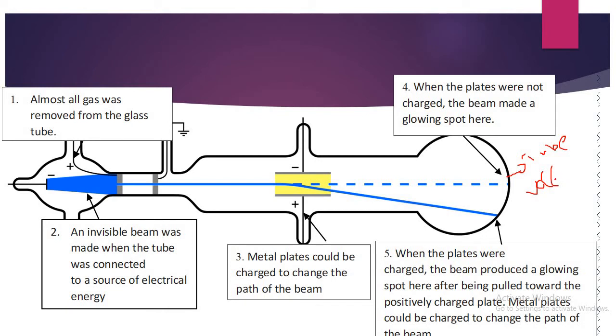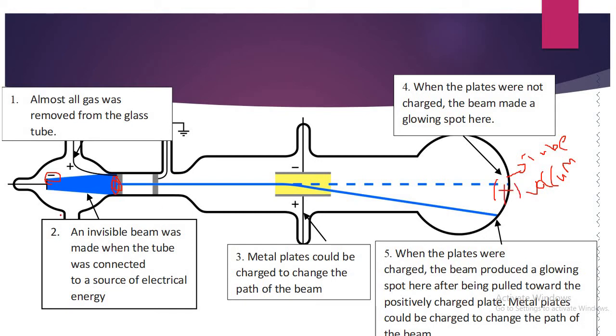Then he passed a cathode ray through it by applying electricity, with a negative pole and a positive pole.